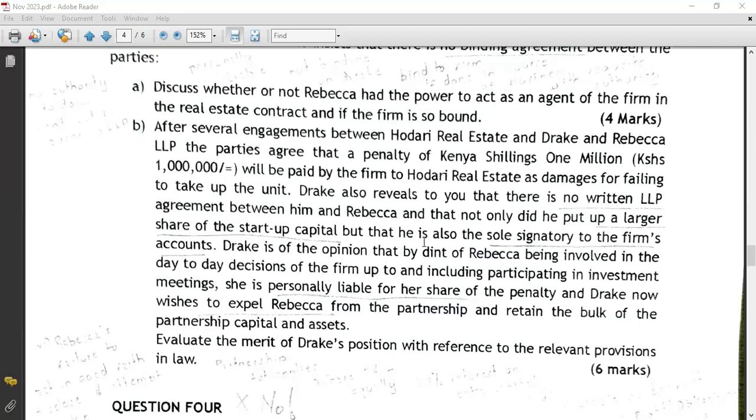No, section 13: how a partner ceases to be a member.